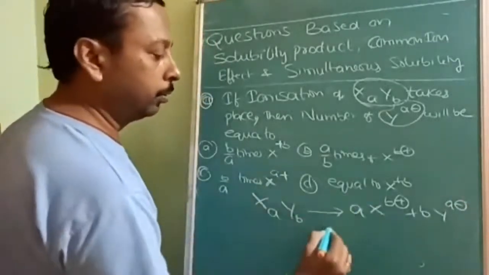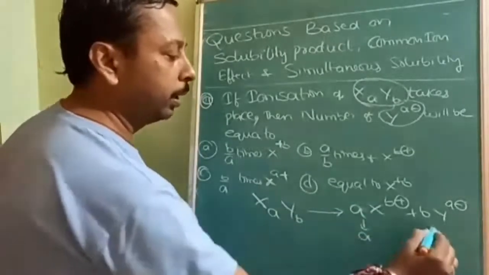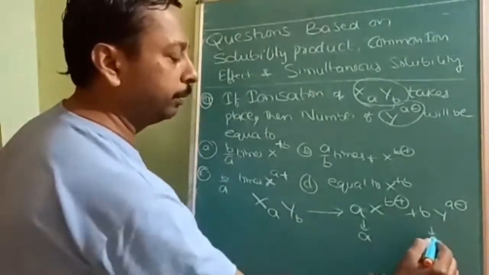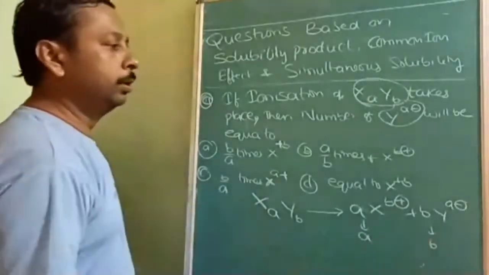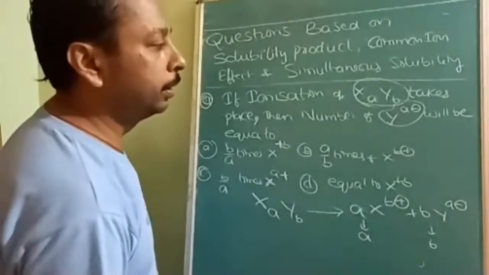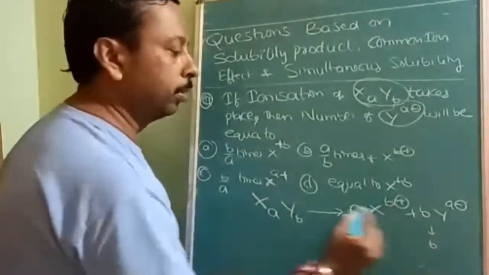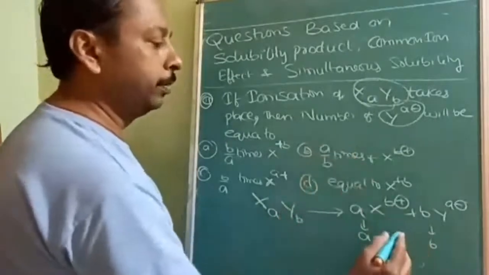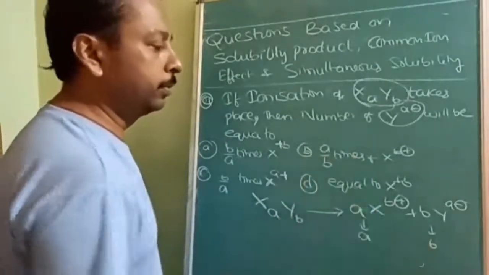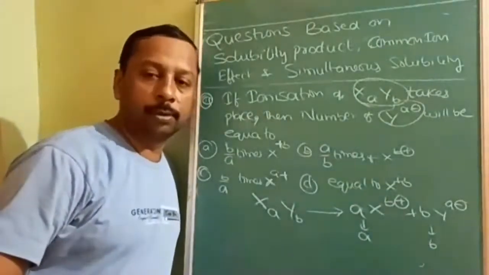Okay. Now the number of moles of Xb plus are a, and the number of moles of Ya minus are b. Now we want the number of moles of Ya minus to be equal to how many times of Xb plus. Is this understood? How to solve?